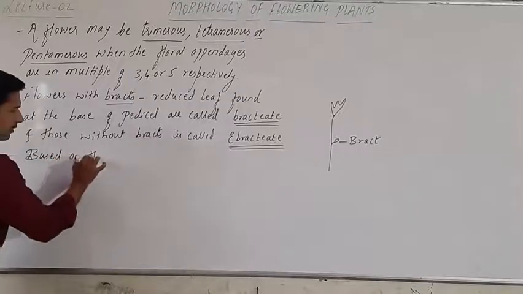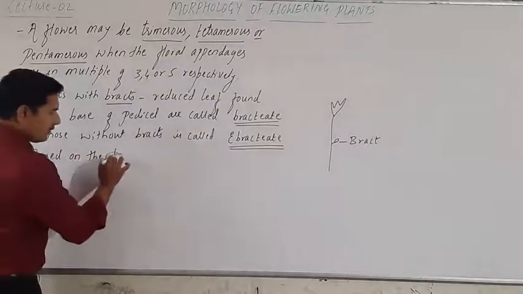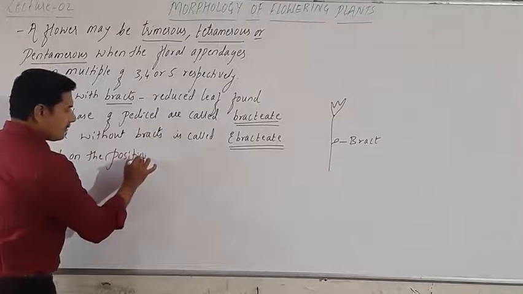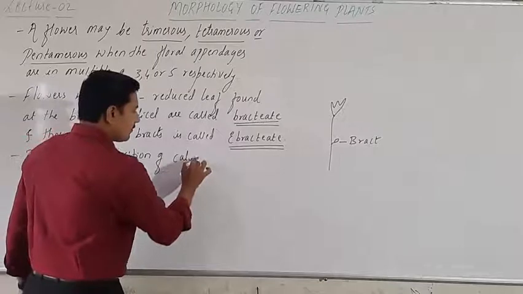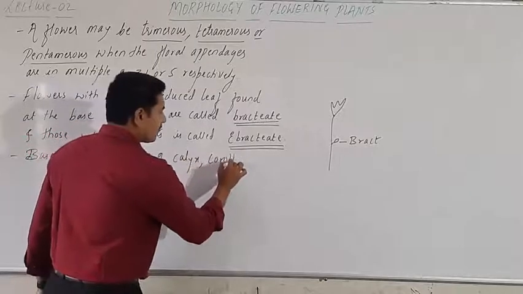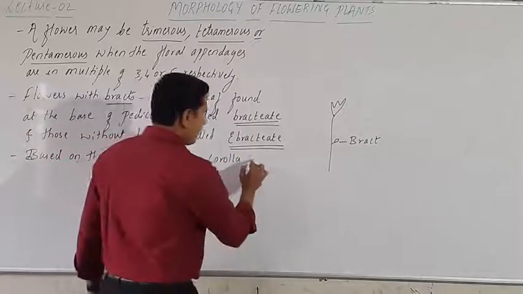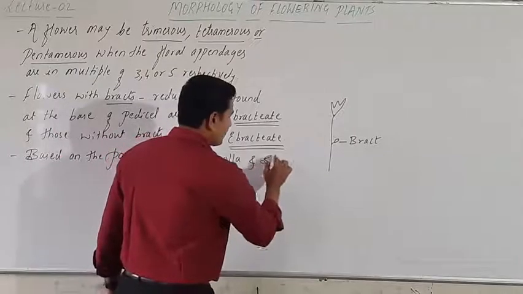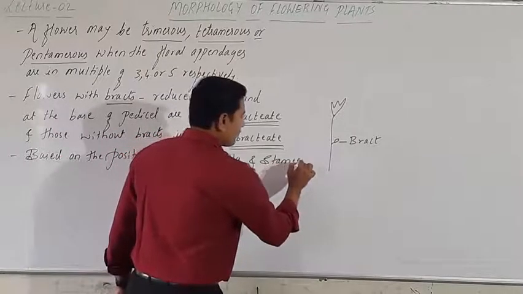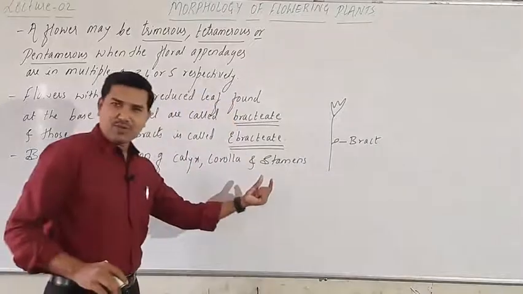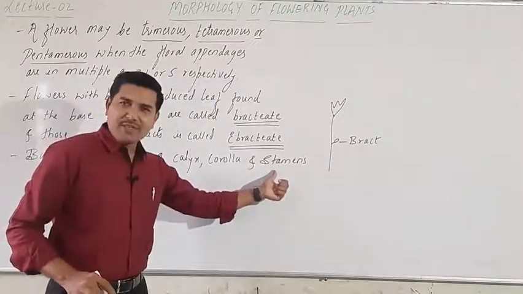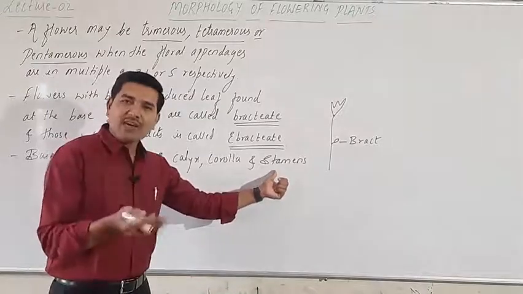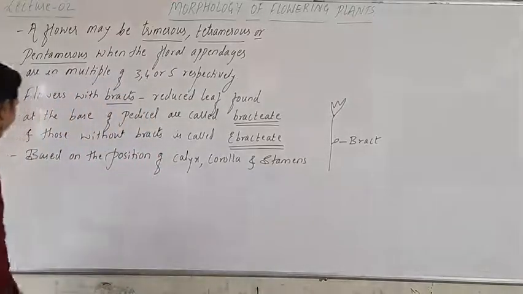Based on the position of calyx, corolla and stamens, meaning androecium, the ovary is of three types.